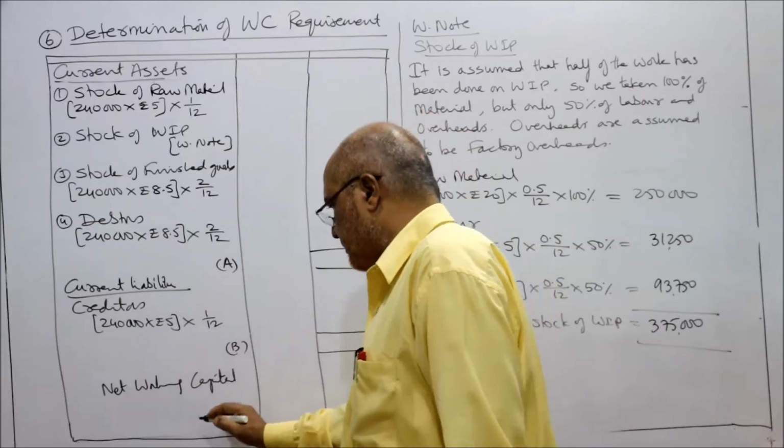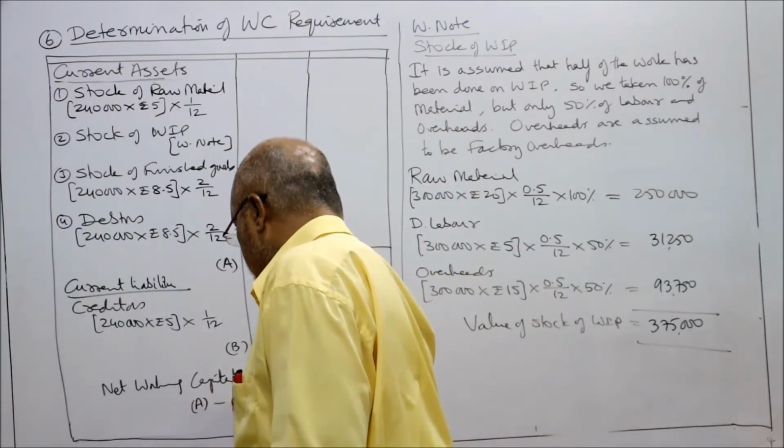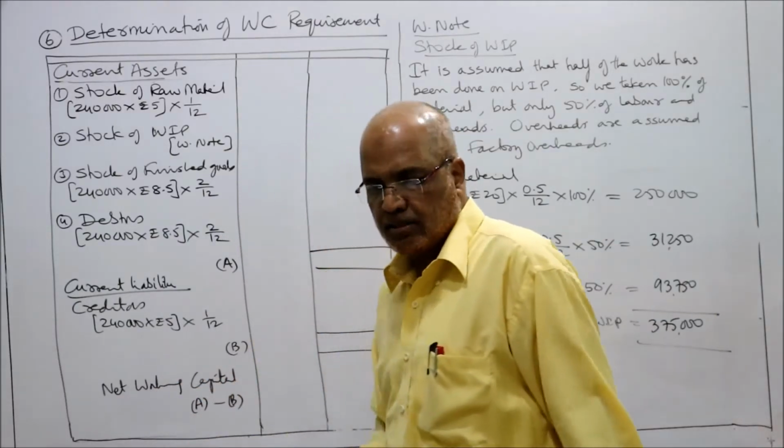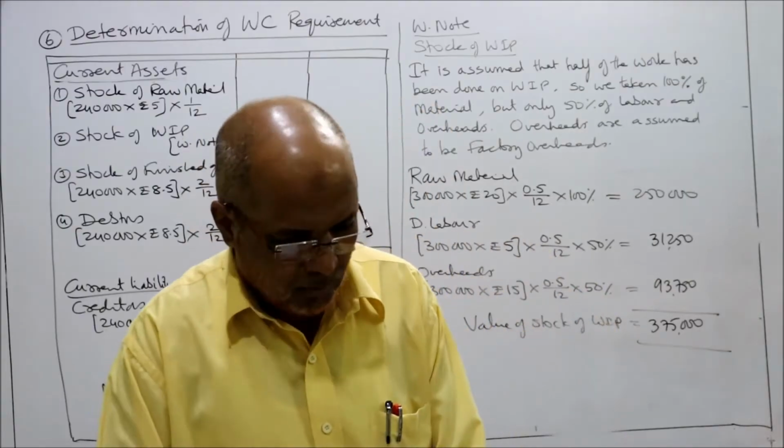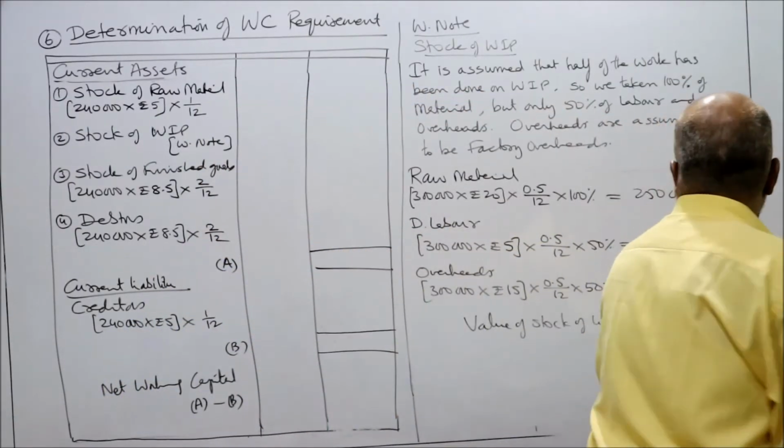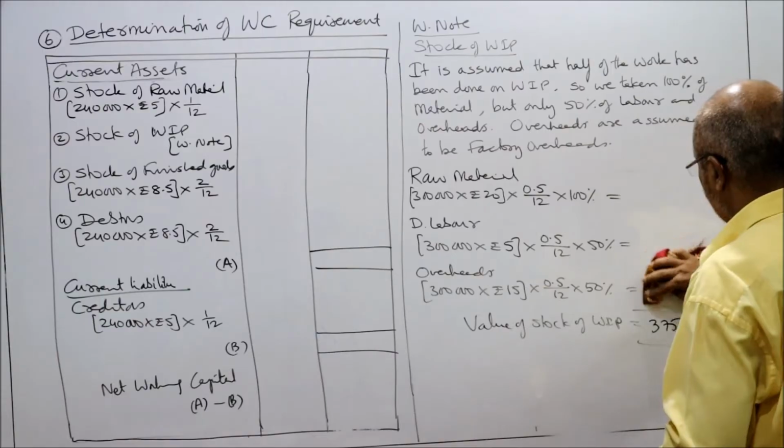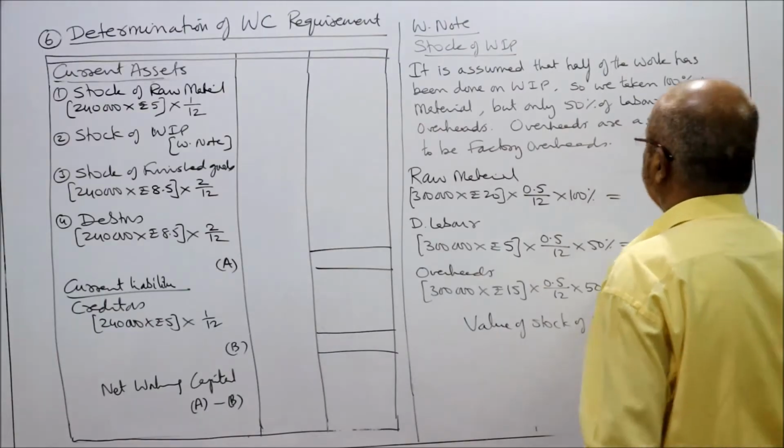Net working capital A minus B. Right? Now we'll come to the working notes. In working notes, we have to calculate stock of WIP.